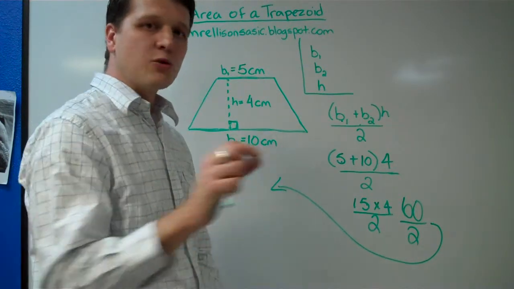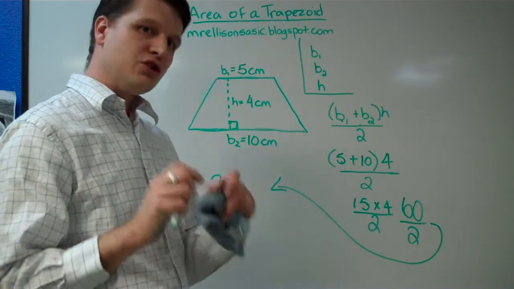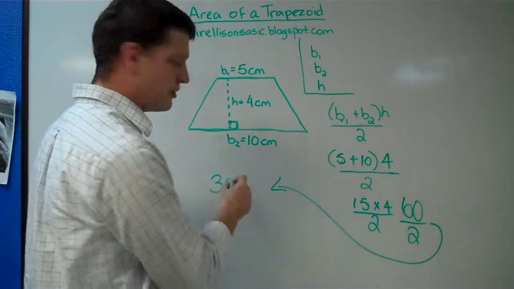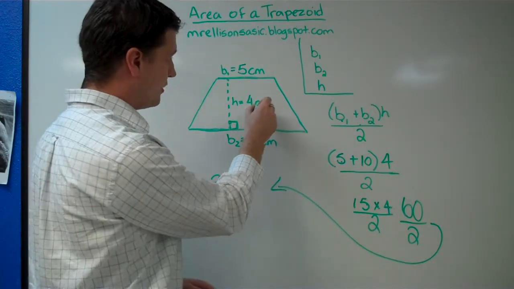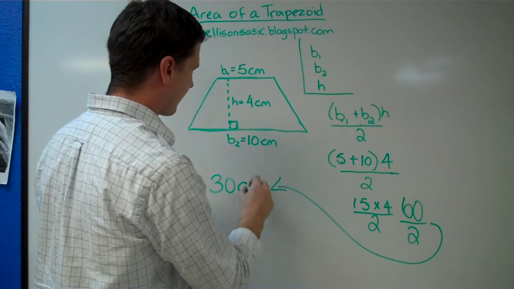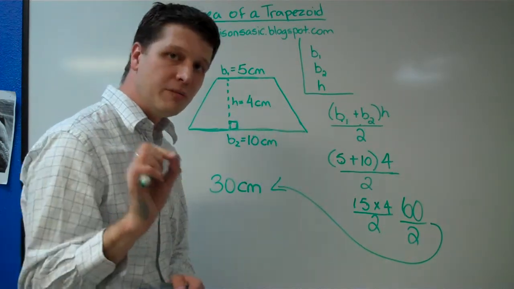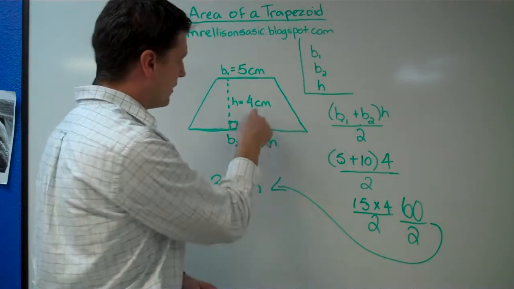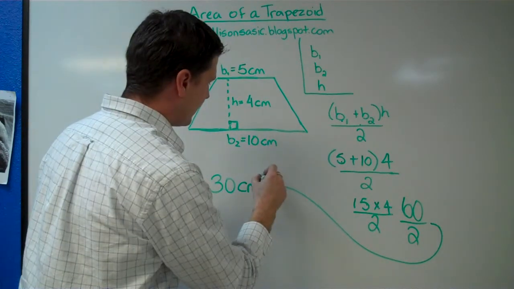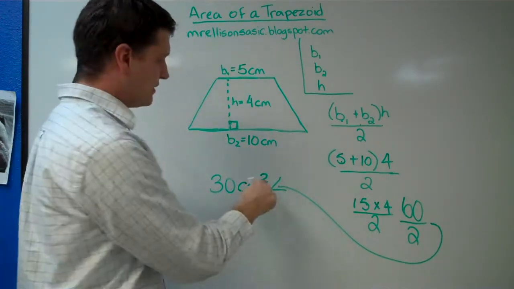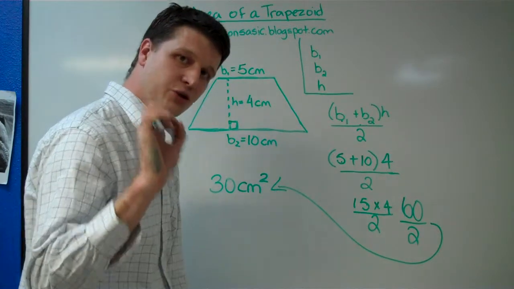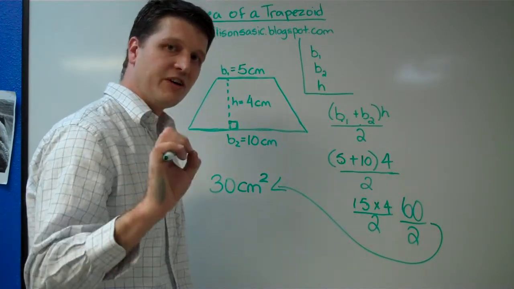Think about counting little squares inside something, okay? It's units squared. So it's 30, and we're going to use our unit of measurement, which is centimeters. And since they'll be in square units, since we're dealing with a two-dimensional polygon, it's going to be to the second power. The second power represents the fact that it's a two-dimensional figure.